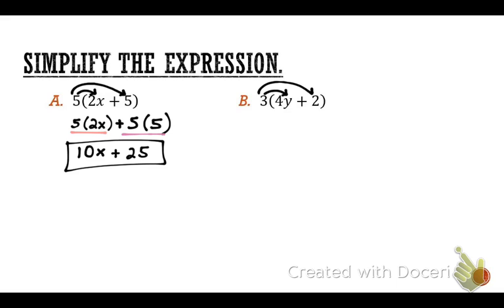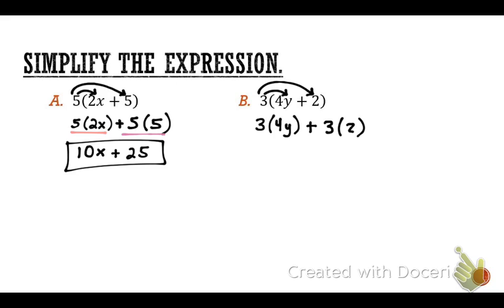You are correct. All right, so now underneath that, we're just going to write down exactly what we're doing. We took that 3 and multiplied it times 4y. Now, this 3 is a positive. So if it's a positive, I am going to be adding. Now I have to add the 3 times the positive 2.